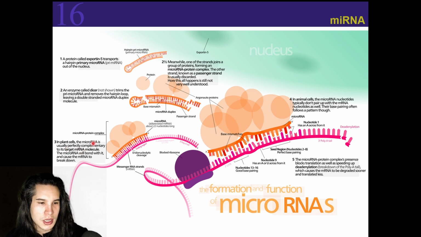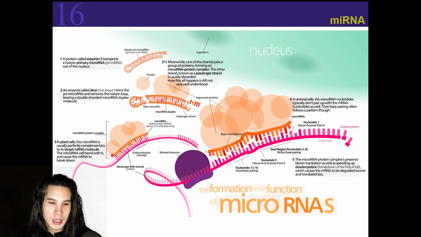Usually in plant cells, the microRNA is perfectly complementary to the target mRNA molecule. So the microRNA will bond with it and cause the mRNA to eventually break down. In animal cells, it's typically not a perfect fit, but it's good enough to create double-stranded RNA. If you look here, you have this ribosome.